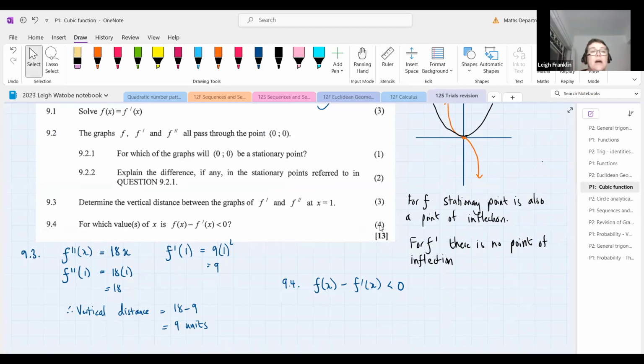So if they want an algebraic solution, actually, do they want an algebraic solution? We would go and we would substitute in f of x, which would be 3x cubed, and f prime x, which would be 9x squared.